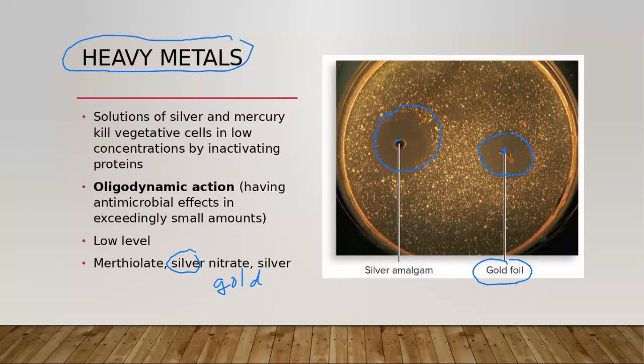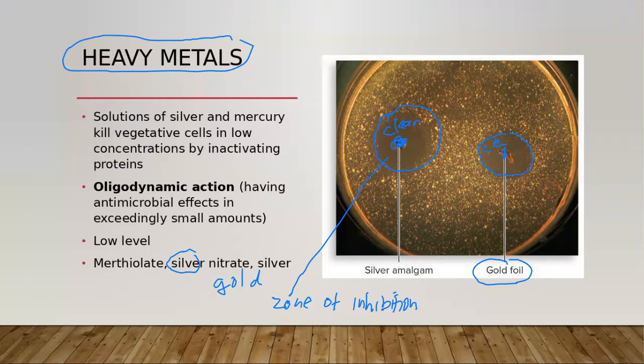So this is clear. No bacteria. Bacteria are actually inhibited over here. This is what we call the zone of inhibition. It means that bacteria are not growing because of this silver or gold.